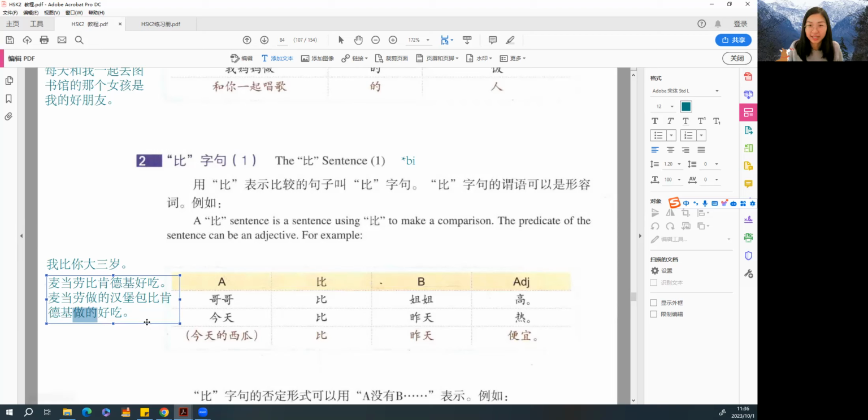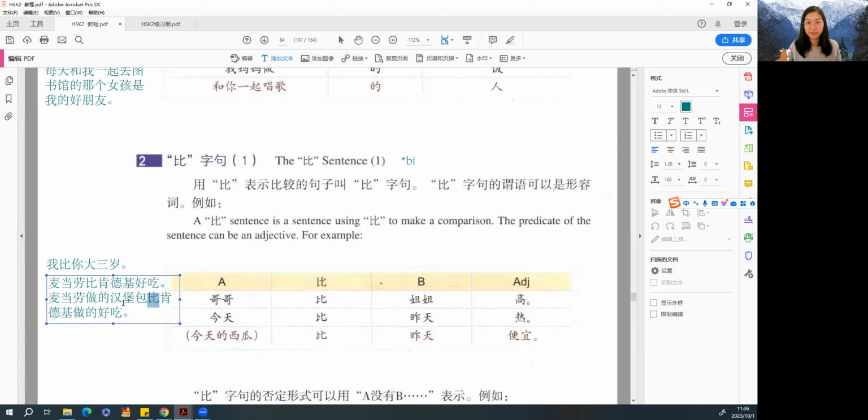the hamburger here. So that's how we use 比. So you can always see that object A and object B are very close together. Only there is a 比 in between.